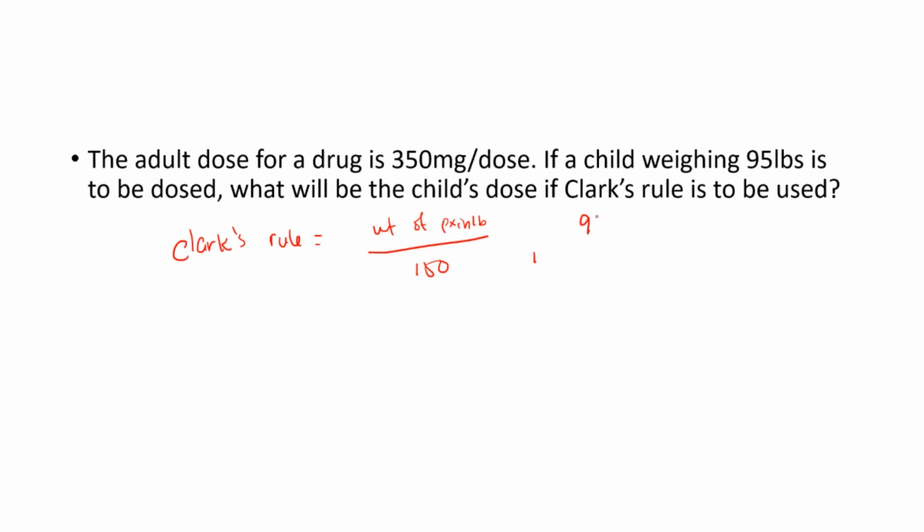It is 95 pounds over 150. Then multiply it by the adult dose, which is 350 milligrams. The pounds will cancel out, giving you a ratio 95 divided by 150 times 350. We will have an answer of 221.67 milligrams.